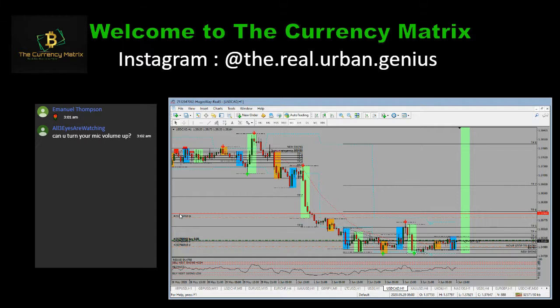So now we're taking two positions there. That gives me a full 10 lot. And that gives me half of my daily target. Right there gives me half of my daily target.